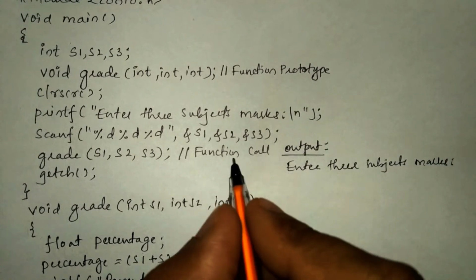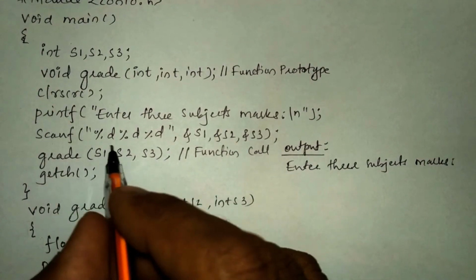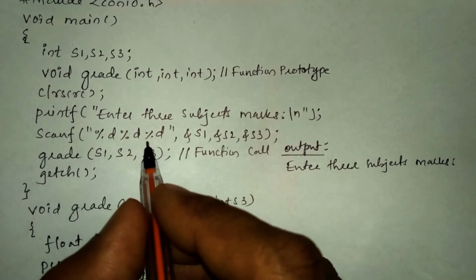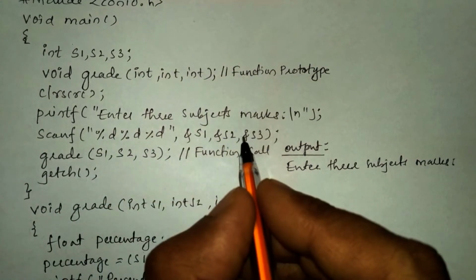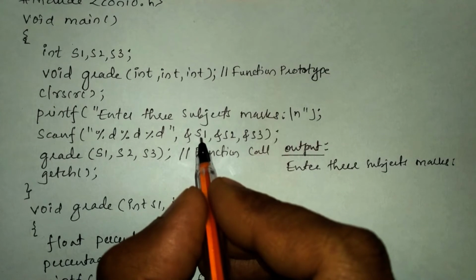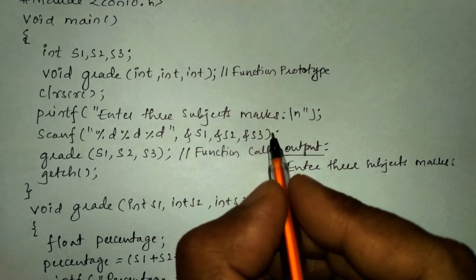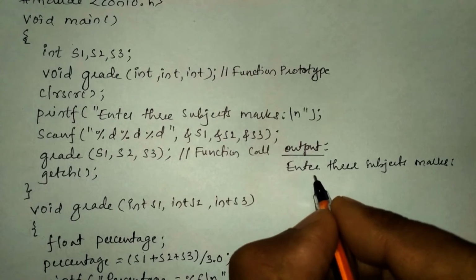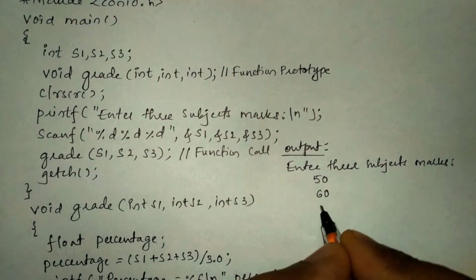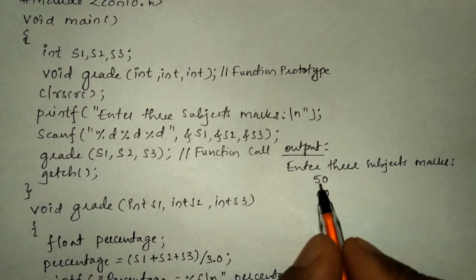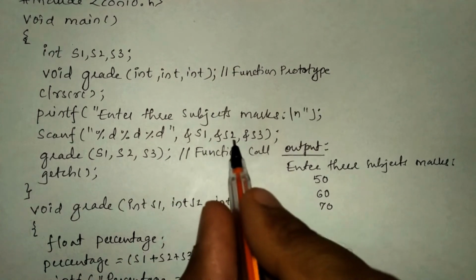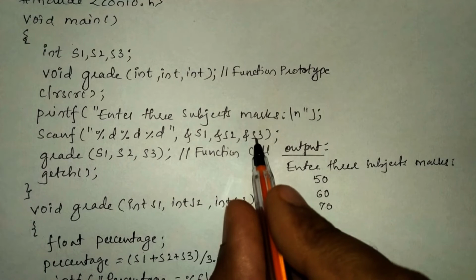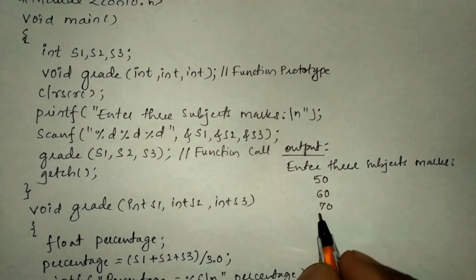So backward slash n brings the cursor down to the next line, and now it is seeking the 3 integer values, that is for subject 1, subject 2 and subject 3, from the user. For example, I'm going to write 50, 60 and then 70. So 50 is stored in S1, 60 is stored in S2 and 70 will be stored in the S3 variable.